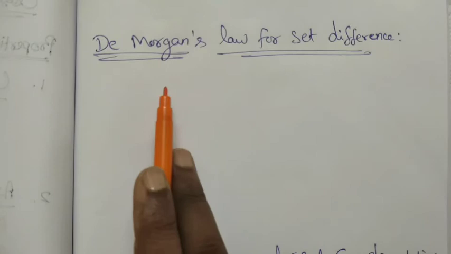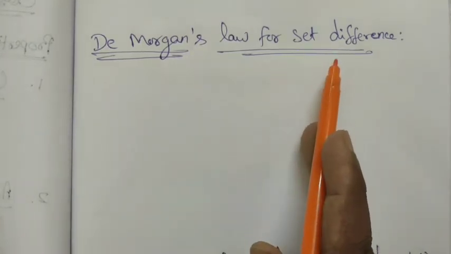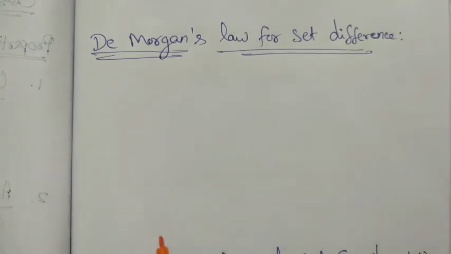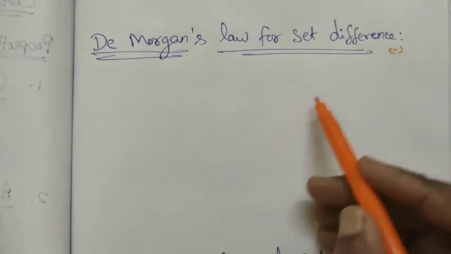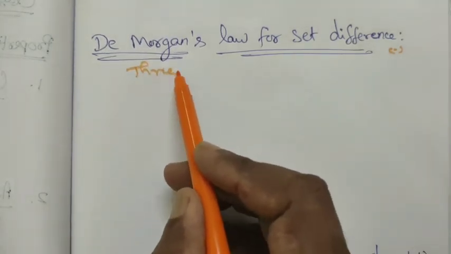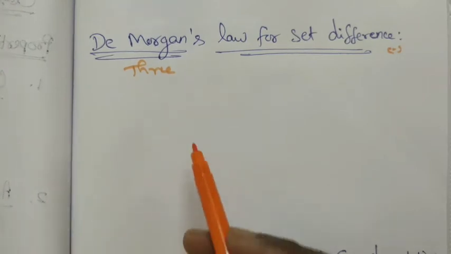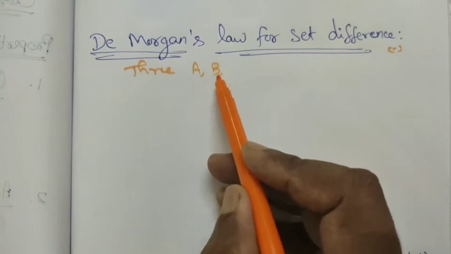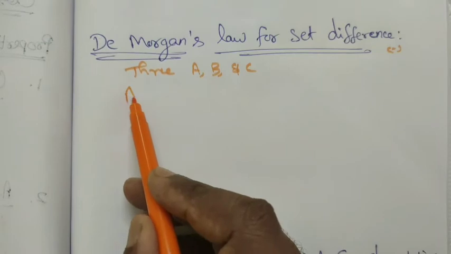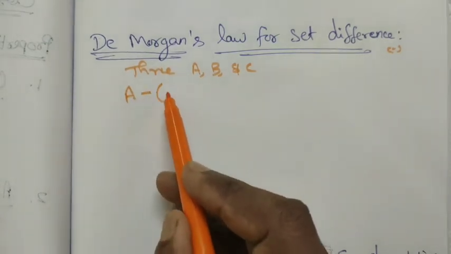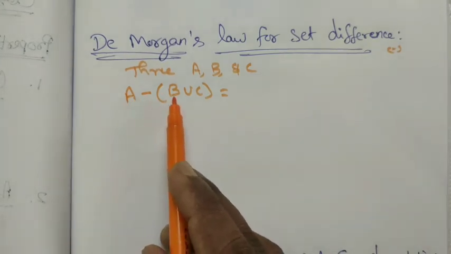Next property is De Morgan's law for set difference. Here we have two properties: one is set difference, another one is set complementation. First we see the set difference. Set difference means subtraction. Here we have three sets, A, B and C. Only in the commutative property do we have two sets; the remaining have three sets. De Morgan's law means subtraction: A minus (B union C).